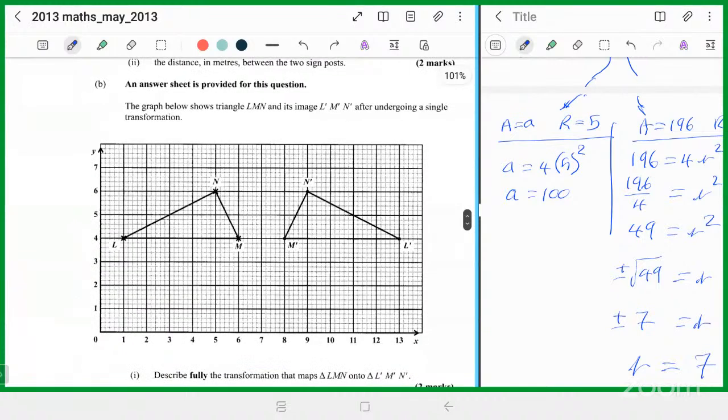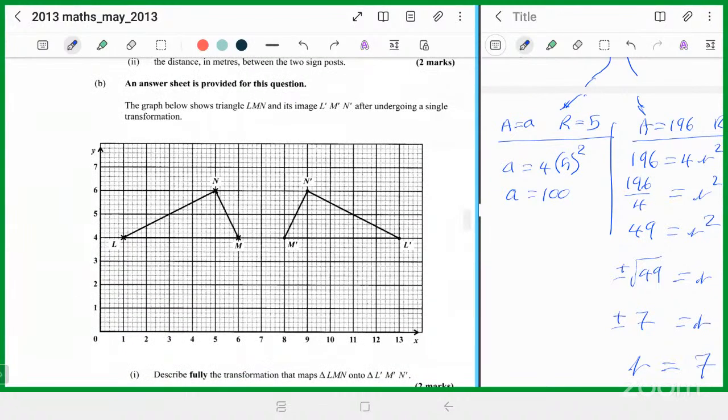It says the graph below shows LMN and the image L prime M prime N prime undergoing a similar transformation. Just from this one, we can look at the transformation and know the answer without doing anything.